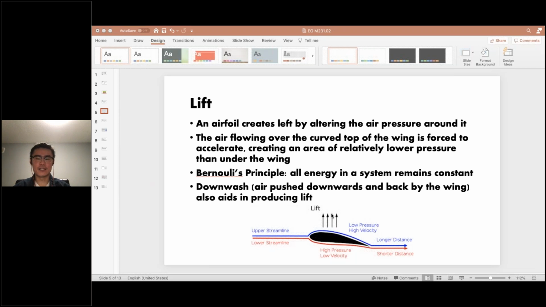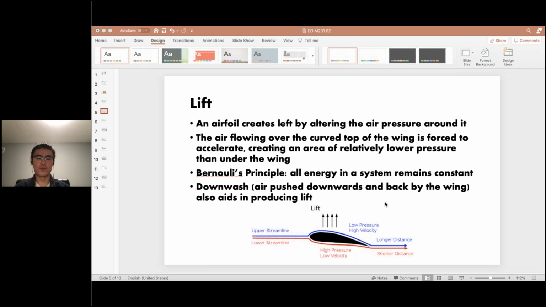So the engineers use this principle. If you look at the wing, the upper curvature, like I said, has a longer distance. And here's another example. I'll call one air molecule Mr. Air Molecule and the other Mrs. Air Molecule, and they're happily married, and they love each other so much they don't want to be separated.